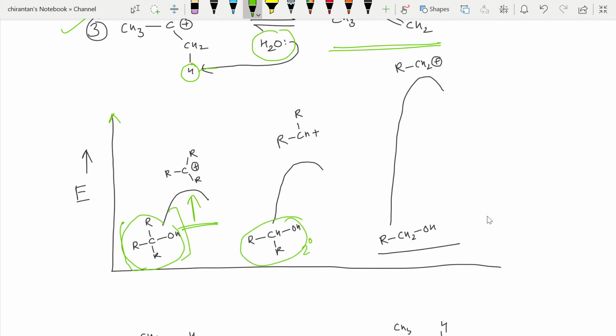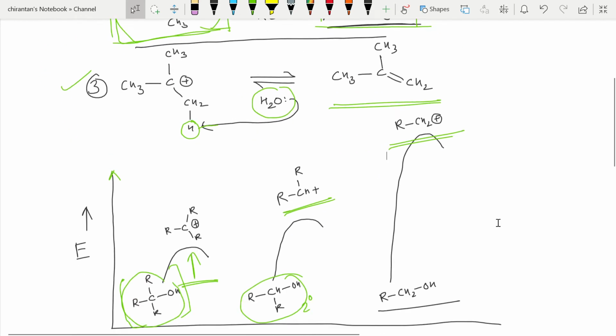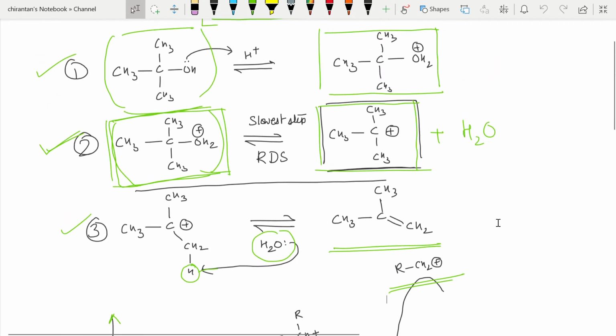And in the case of primary alcohol, or 1-degree alcohol, a very high amount of energy is needed to form the primary carbocation, which means that an E1 reaction with a primary alcohol is kind of impossible because of the very high amount of energy needed to form the intermediate carbocation.